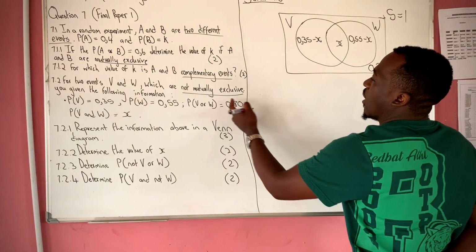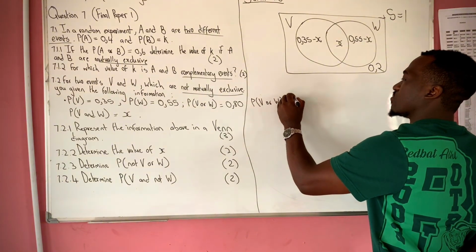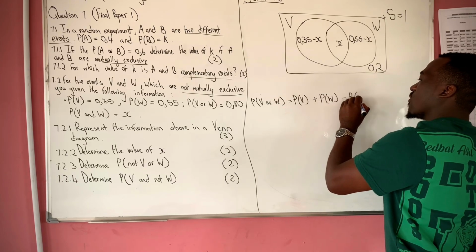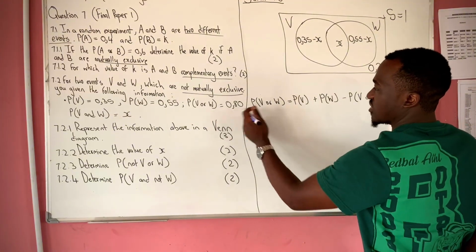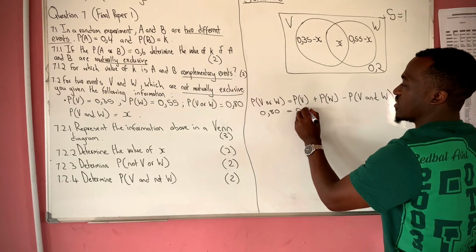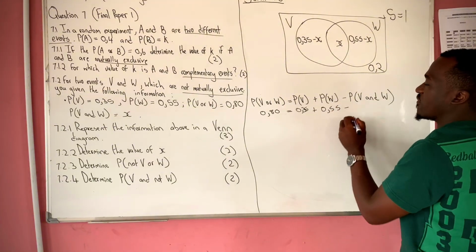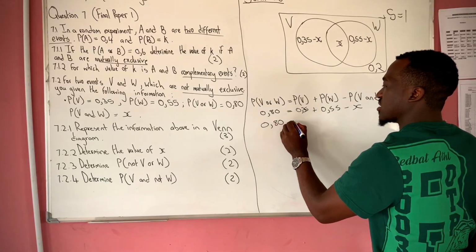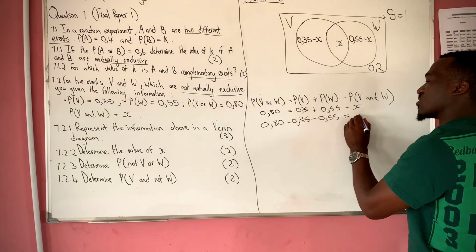We said this one simply says P of V or W is equal to P of V plus P of W minus P of V and W. P of V or W we already have, 0.80, which is equal to P of V, we already have 0.35, plus P of W, we already have 0.55, minus P of V and W, it's X. So we take this, we put it this side, 0.80 minus 0.35 minus 0.55 is equal to negative X.